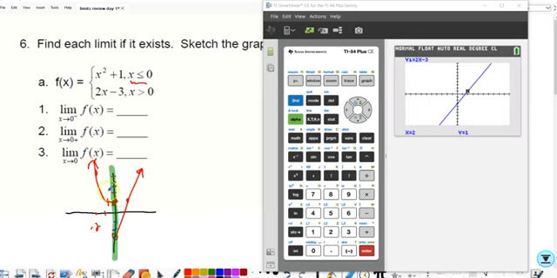From the left, that's this side, over here on the parabola, my y value is approaching 1. This y value is 1. From the right, my y value is approaching negative 3. These numbers are different, so the limit from both sides does not exist.